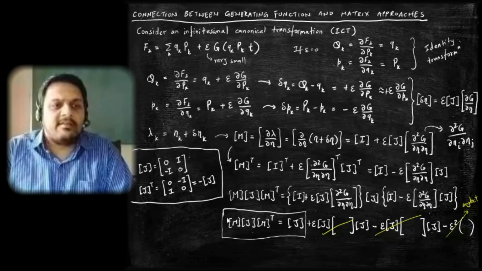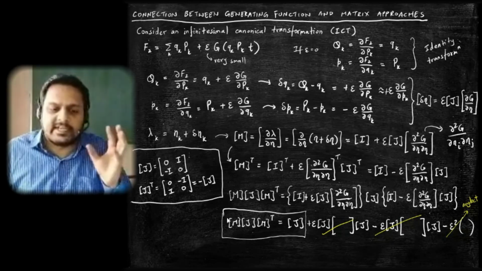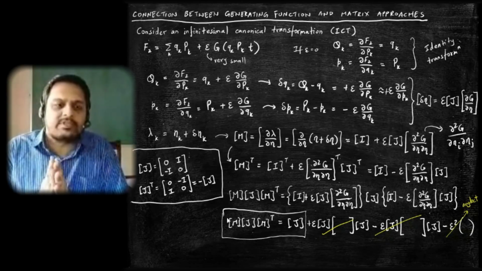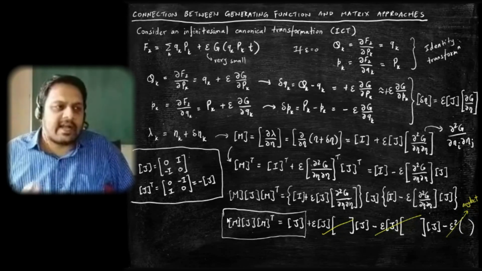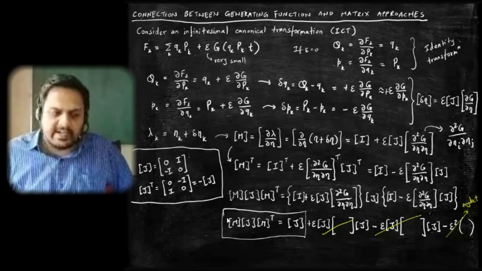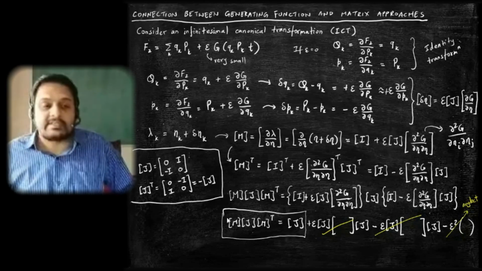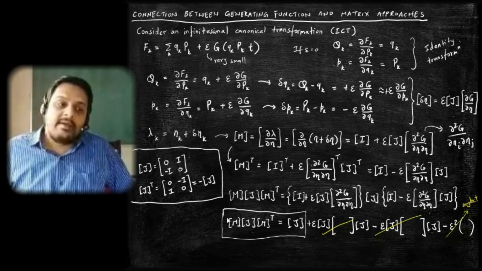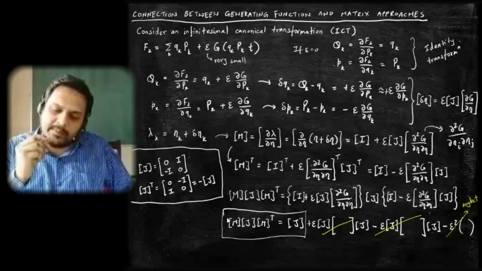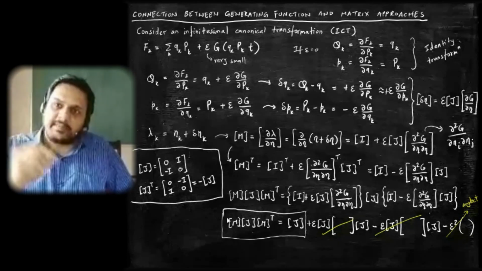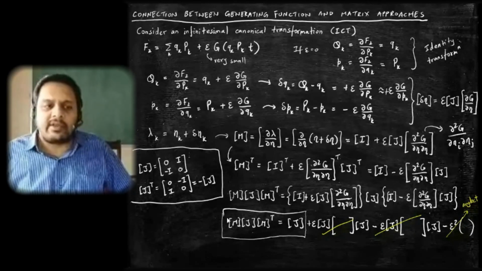And finally, these two very different looking approaches, the generating function approach and the matrix approach, we have demonstrated that both of them are actually the same. When I start with a generating function, I do get a transformation which is canonical according to the matrix condition. And since this is true for an infinitesimal transformation, I can build up a large number of such infinitesimal steps to make a finite transformation, and even that will be a canonical transformation.